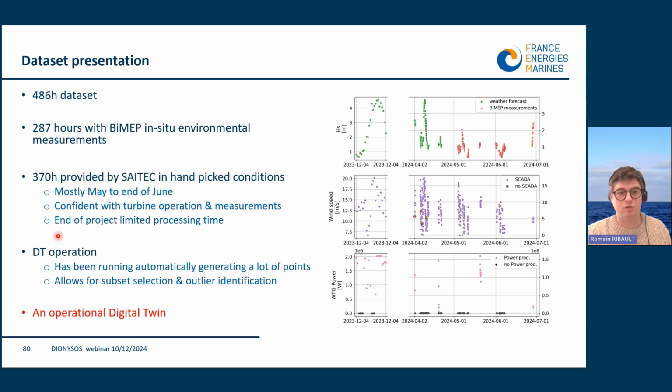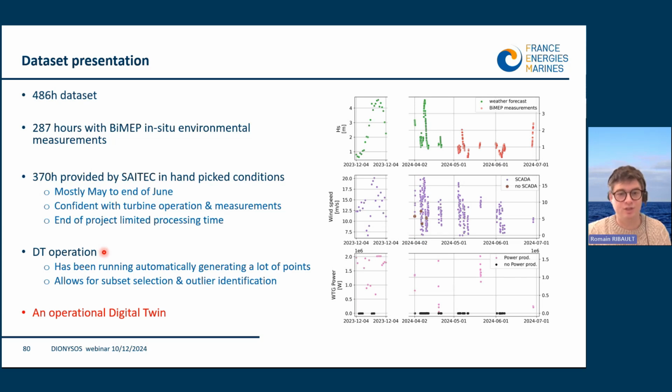And so we ran the simulations for several hours. All this was running automatically. Each point you have here on the graph is a 1 hour simulation at 5 hertz.